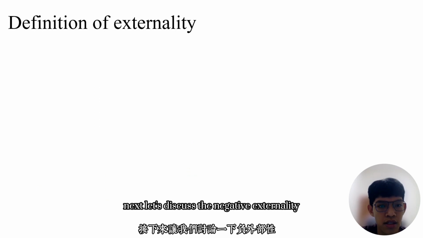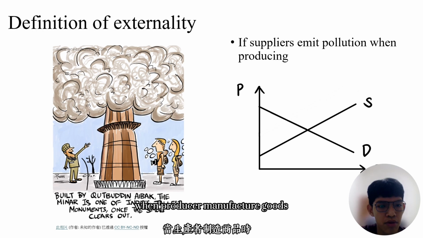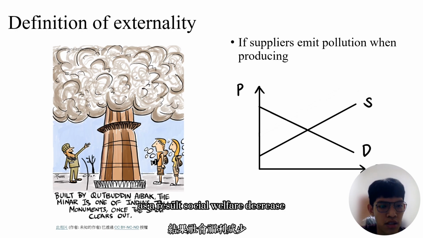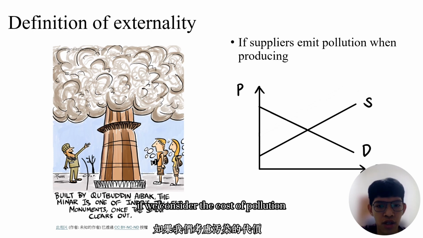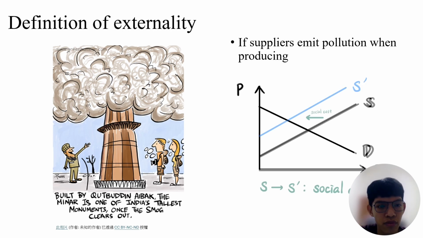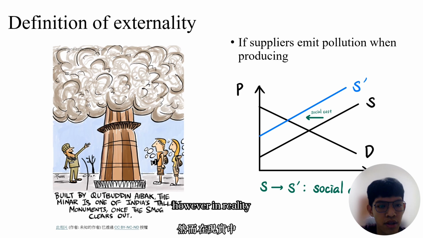Next, let's discuss the negative externality. When producers manufacture goods, they generate pollution, which has a negative effect. As a result, social welfare decreases. Using a supply and demand curve, if we consider the cost of pollution, our equilibrium point should be at the intersection of S and D. However, in reality, we overproduced.